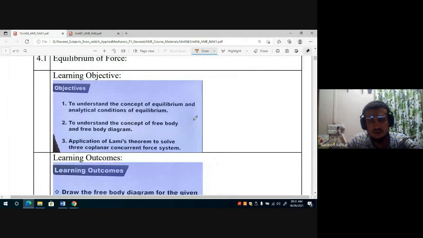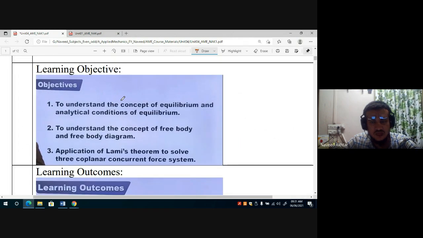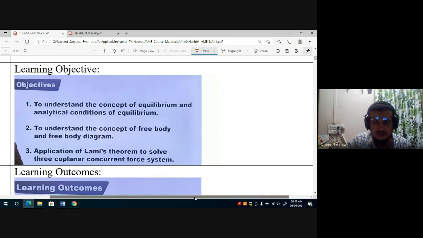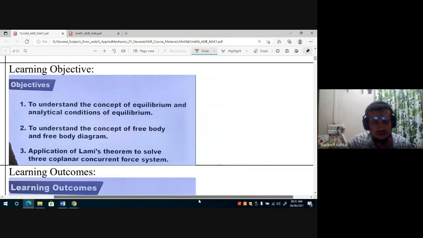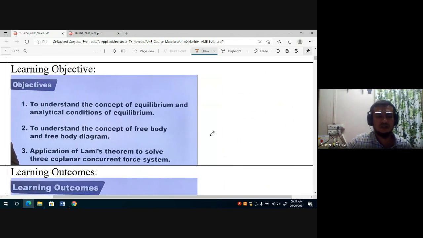I think this is visible to you. The learning objective of this unit number 4, that is equilibrium, is to understand the concept of equilibrium and an analytical condition of equilibrium.